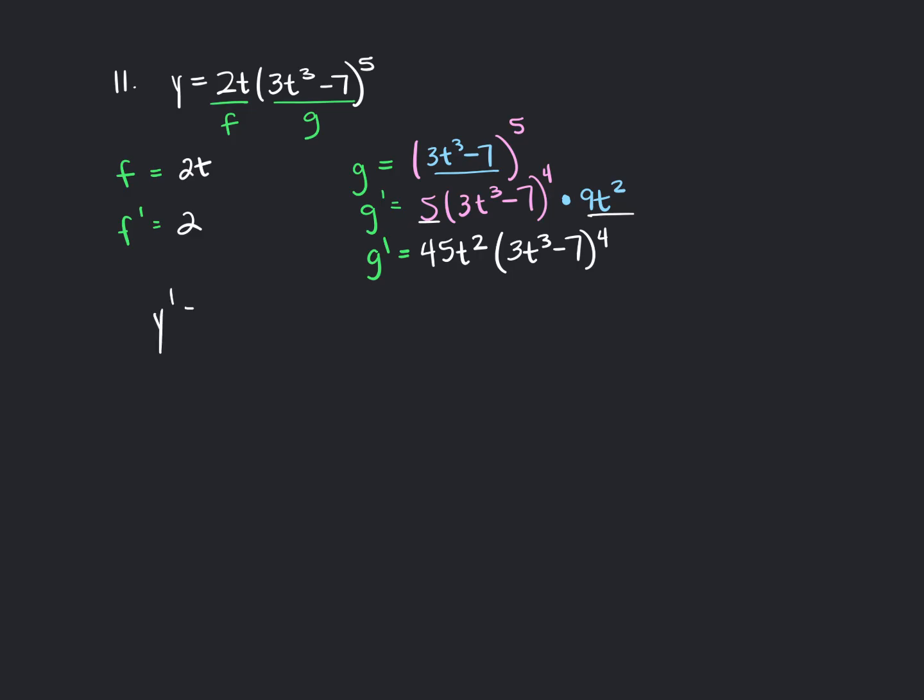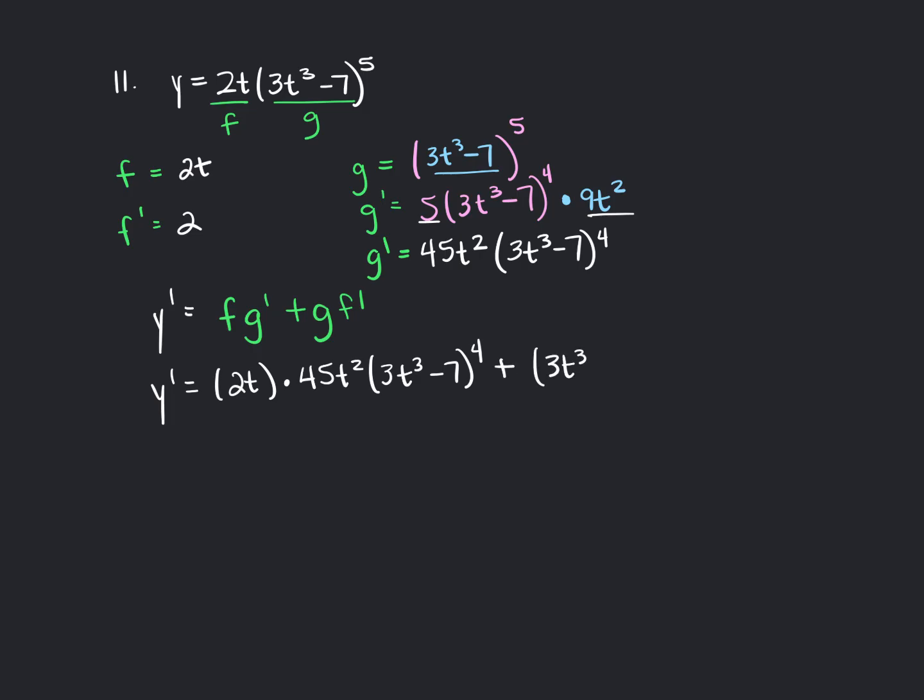So we know that y prime is going to be first times derivative of the second plus second times derivative of the first. So y prime is 2t times 45t squared times (3t cubed minus 7) to the 4th plus second, which is (3t cubed minus 7) to the 5th times derivative of the first, which is 2.